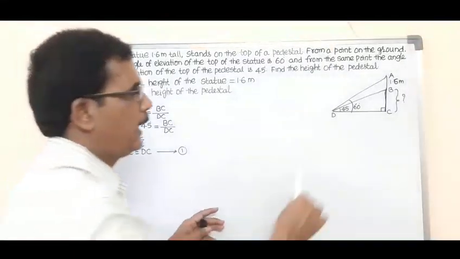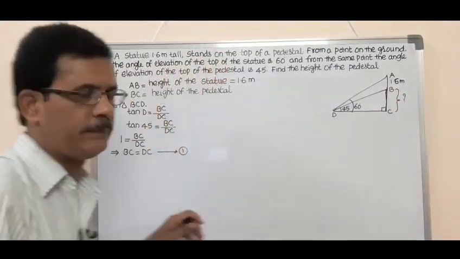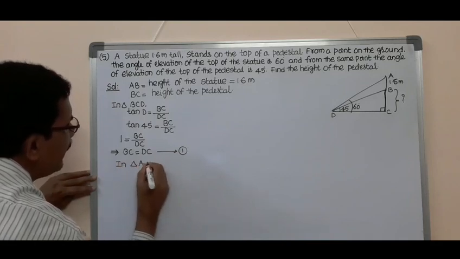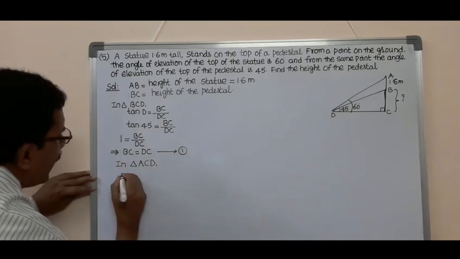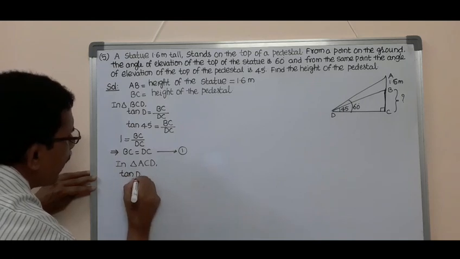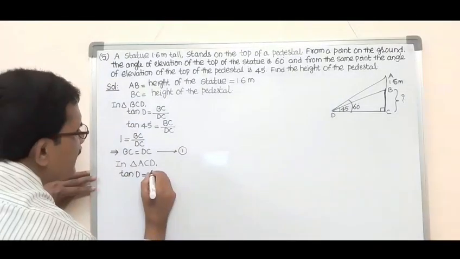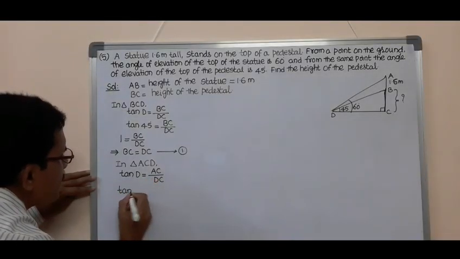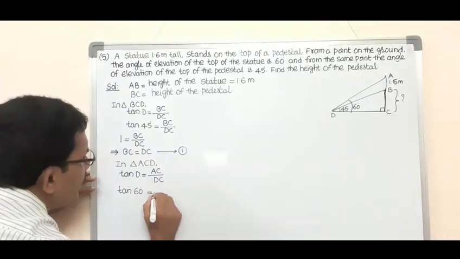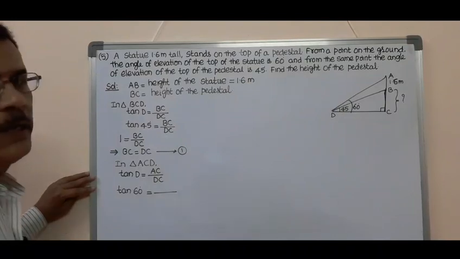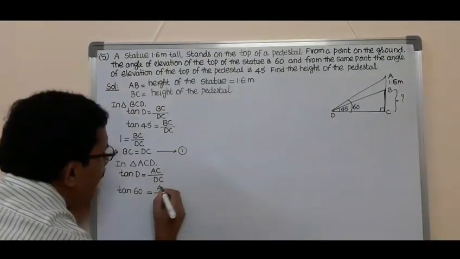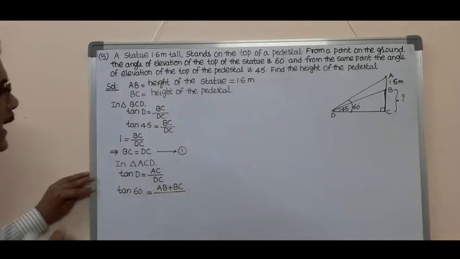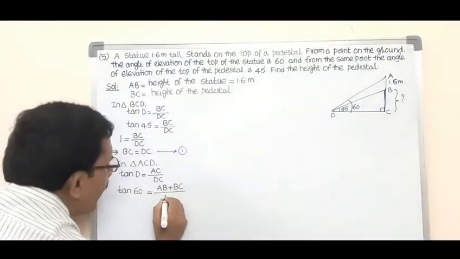Now we will take the other triangle ACD. In triangle ACD, tan D is equal to AC by DC. Tan 60 degrees is equal to AC, which can be written as AB plus BC, by DC, which can be written as BC.